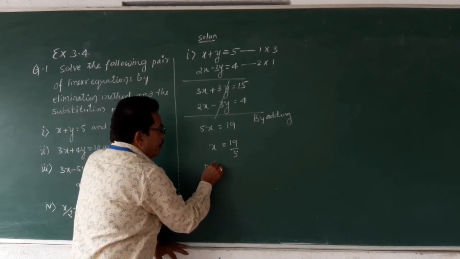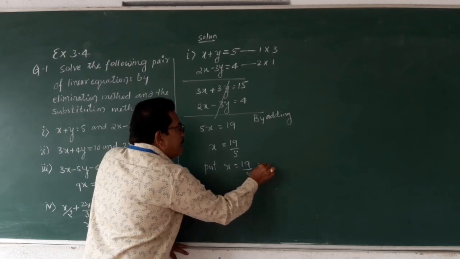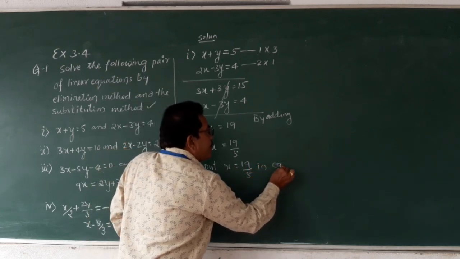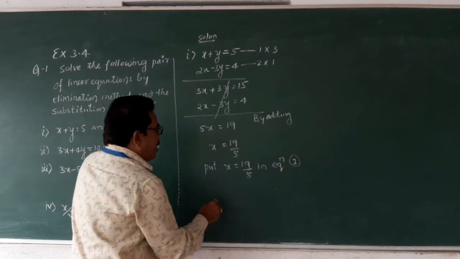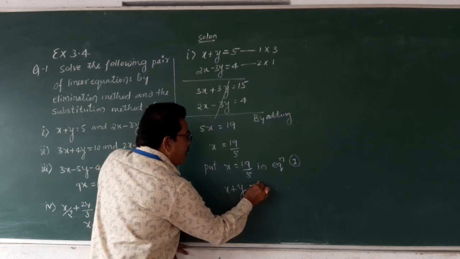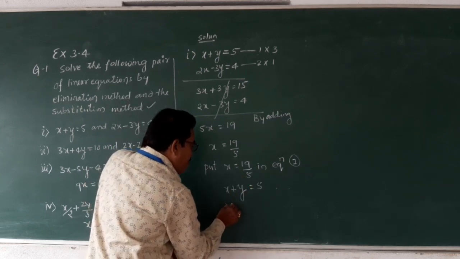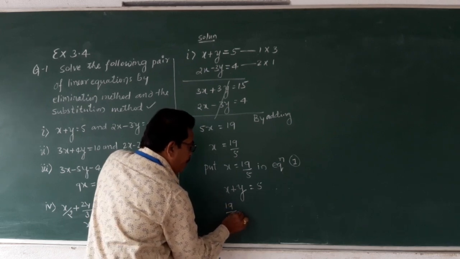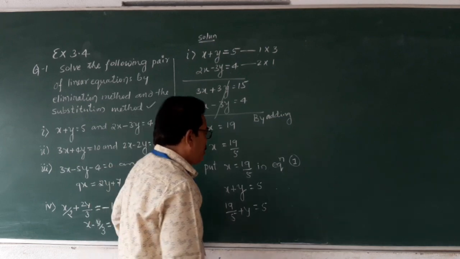Then substitute this value in any one of the equations. Put x equals to 19 by 5 in equation 1. Okay, x plus y equals to 5. So x is 19 by 5 plus y equals to 5.